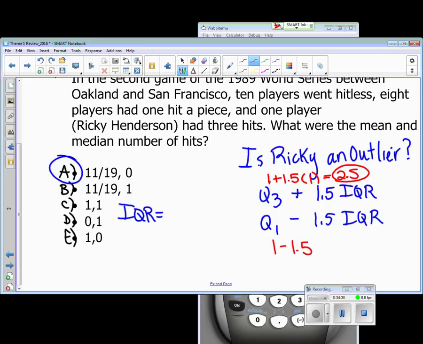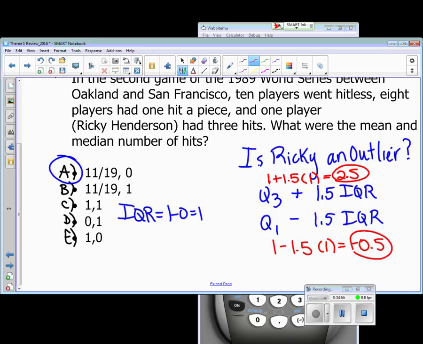So it's 1 minus 0. Not 2 minus 1. Sorry about that. Okay. So it is going to be 1 minus 1.5 times 1, or negative 0.5 as the IQR. Would you agree with that? Now, as the lower fence, nobody's going to have negative hits. I get that. Okay? That's just a fence.